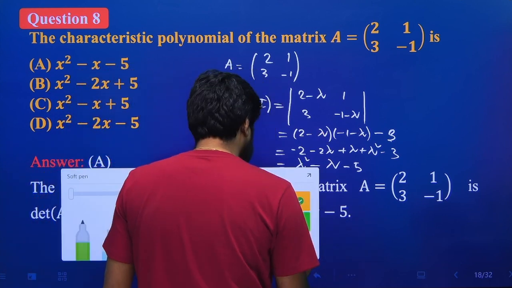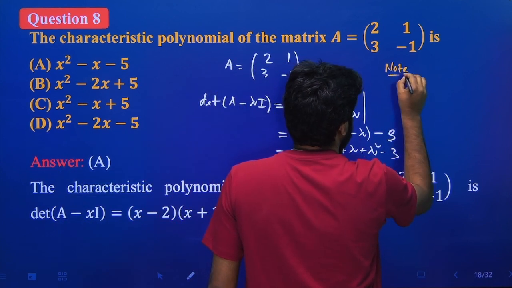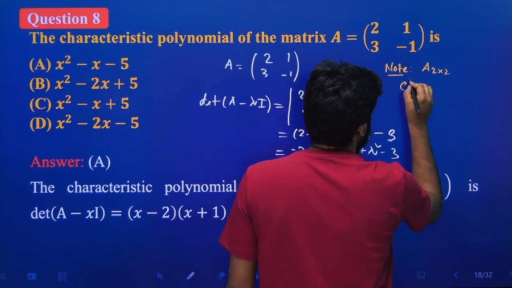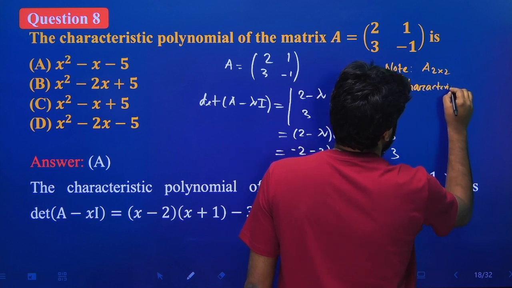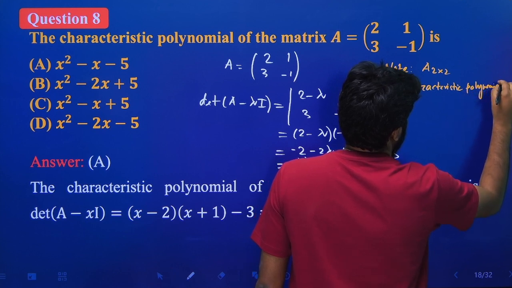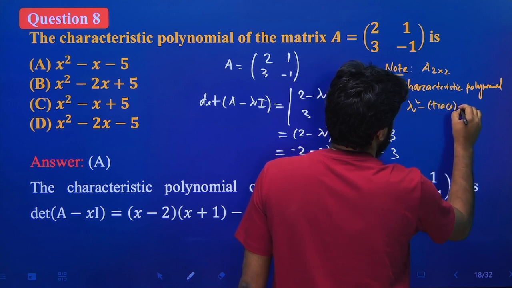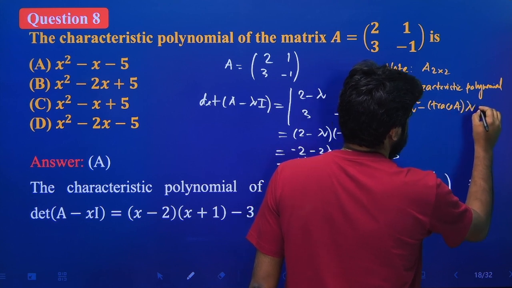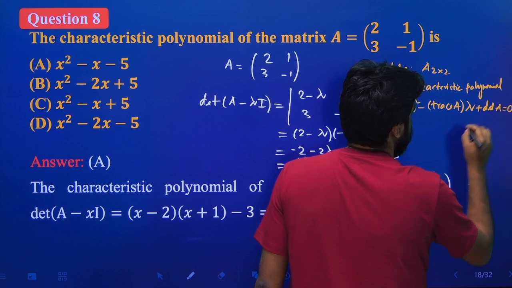So note that, suppose A is a 2 cross 2 matrix, then the characteristic polynomial will be lambda square minus trace A into lambda plus determinant A is equal to 0.